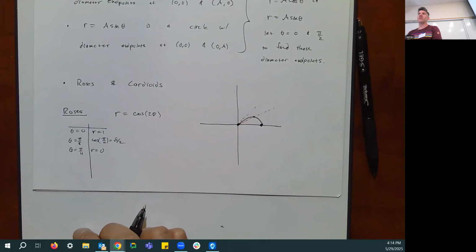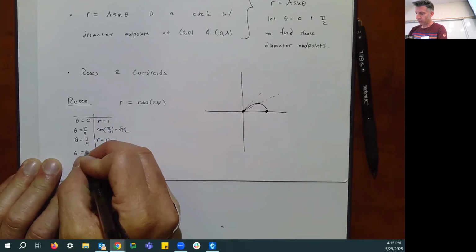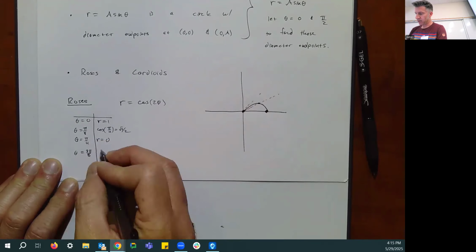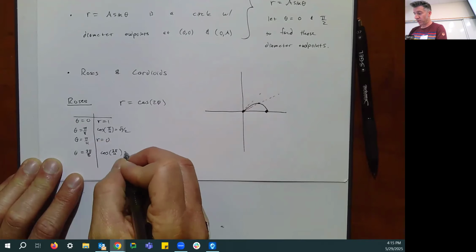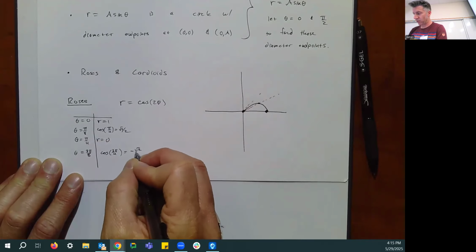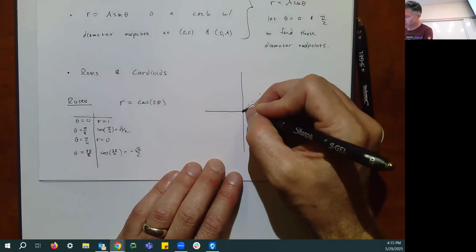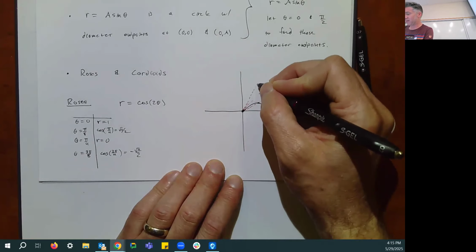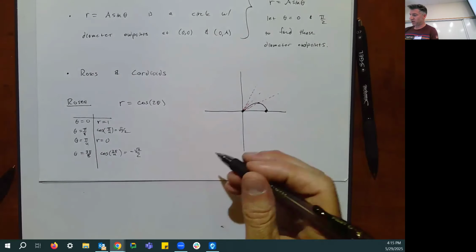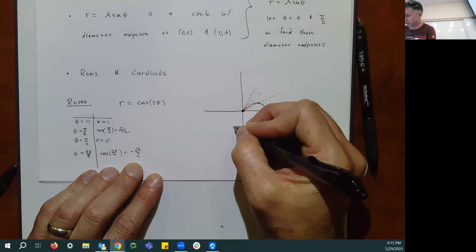And then this keeps happening for theta equal to 3 pi over 8. I'm going to have cosine of 3 pi over 4, which is negative root 2 over 2. So if I'm pointing in this direction, 3 pi over 8, and then I'm going negative, so I'm going down this way, like over here.